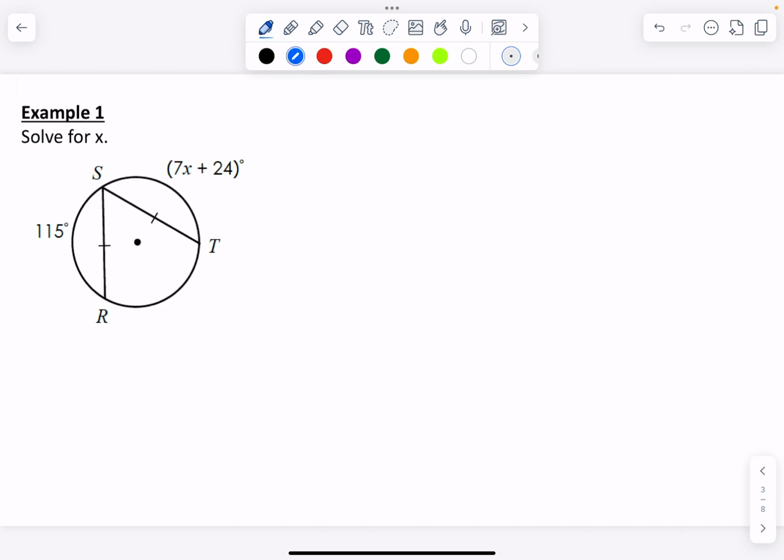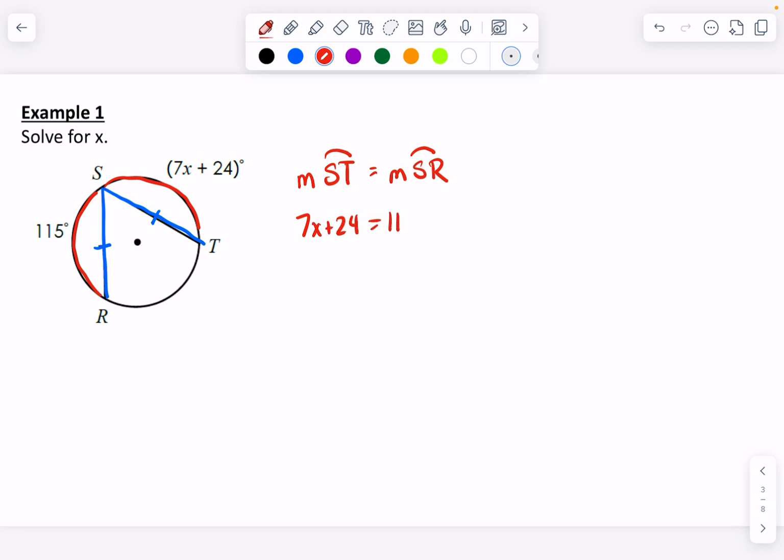Okay, our first example. We have SR. This chord is congruent to ST. So if I have congruent chords, their arcs have to be equal. So the measure of arc ST is equal to the measure of arc SR. So what that means is that 7x plus 24 has got to be equal to 115.